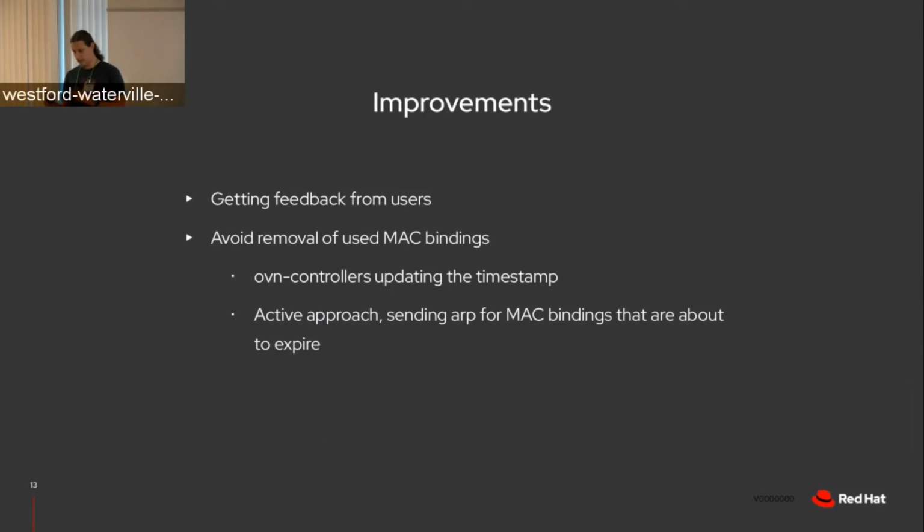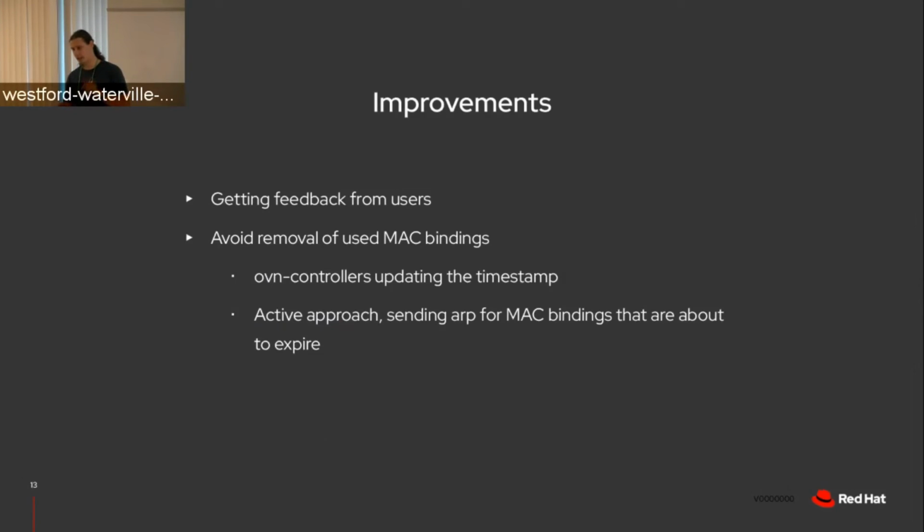There are just some ideas, but we want some mechanism to avoid removal of MAC bindings that are in use. So we would need something somewhere, probably in the controller, to notify us that this MAC binding is in use. But we want it in a way that eliminates the downsides that I described in the previous solutions that were talking about having it in the controller.